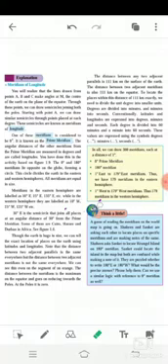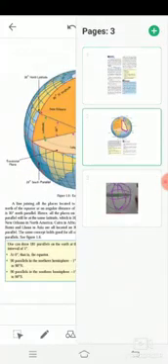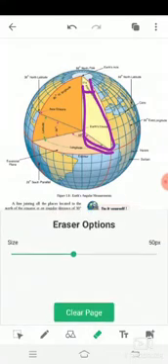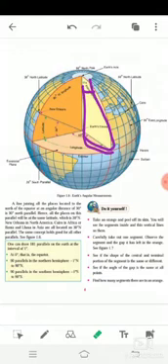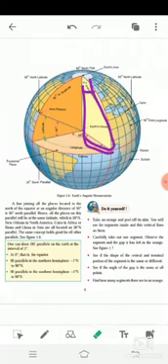This is the prime meridian, and this is 30 degree. Where is the prime meridian?